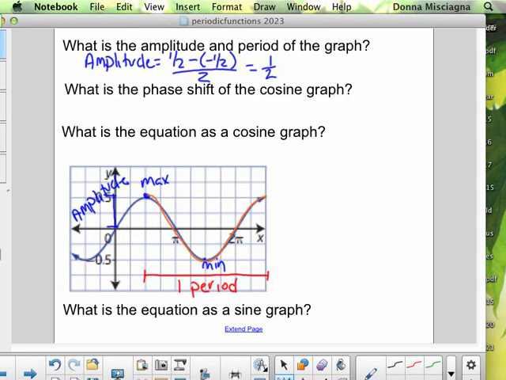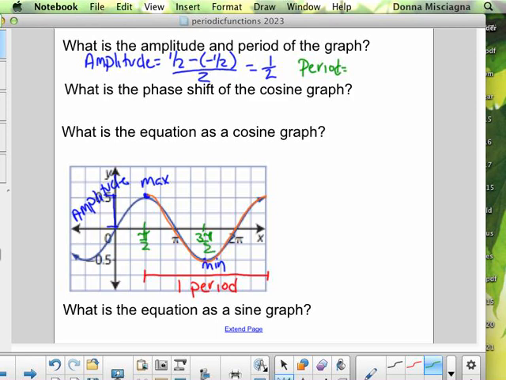The period: since we have a phase shift, we'll subtract the end of the period minus the beginning. So this is pi halves. This is 3 pi halves.